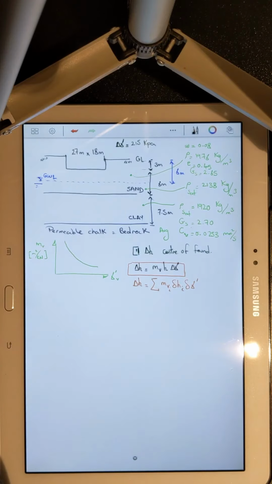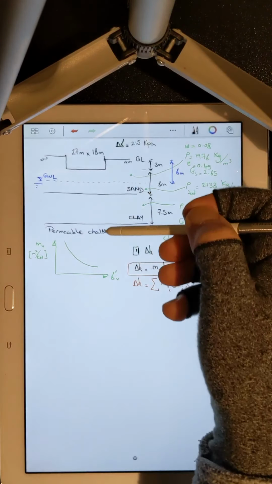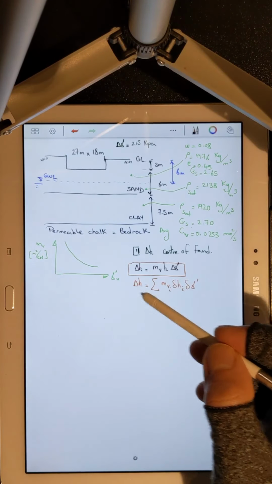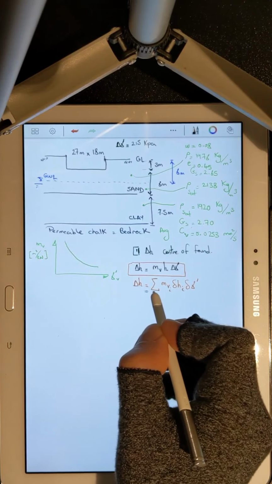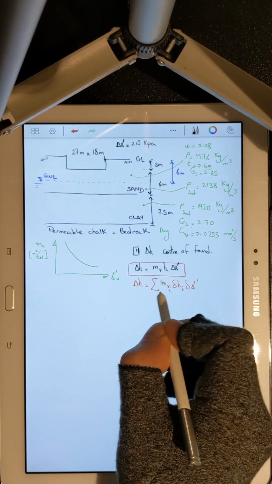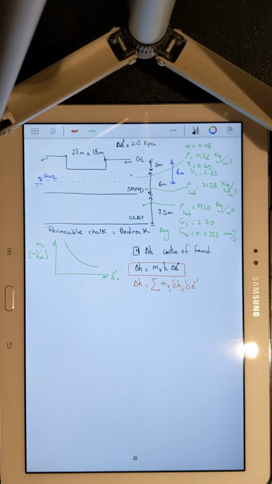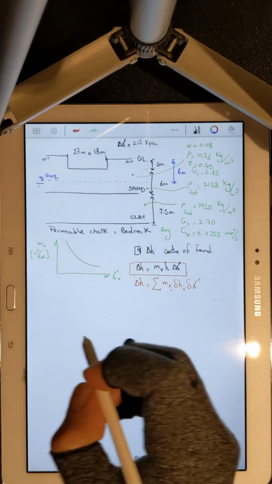Let's use effective stress at the center of that sublayer. Depending on the number of sublayers, we will have a number of settlements and then we'll add them up together to get the total final consolidation settlement. And this is our strategy.